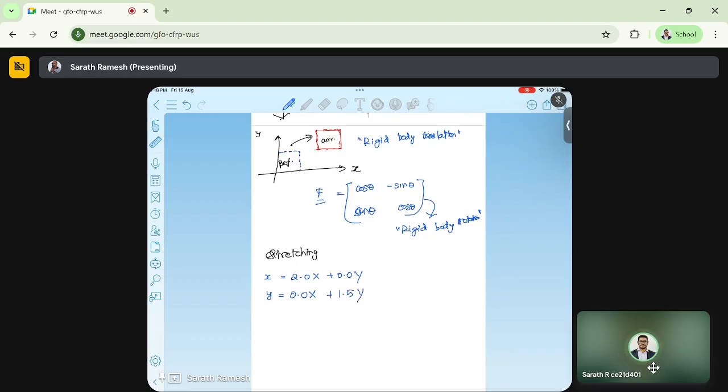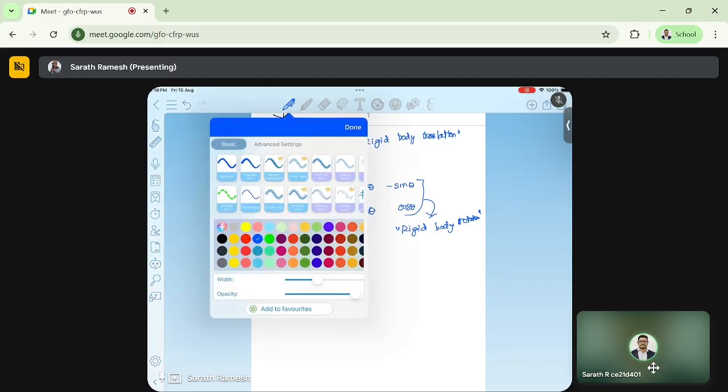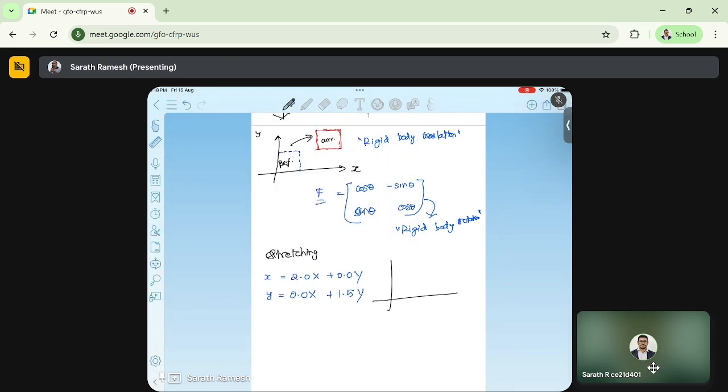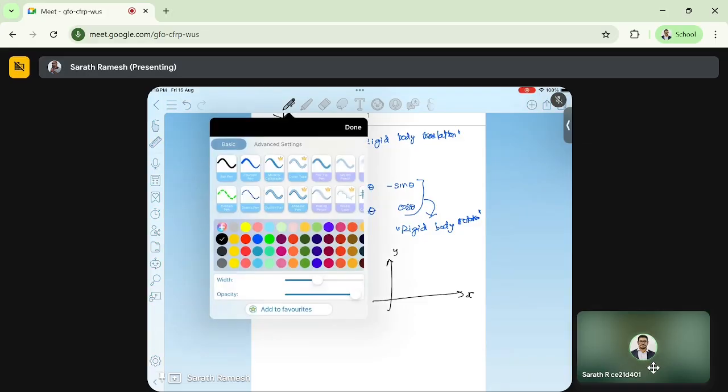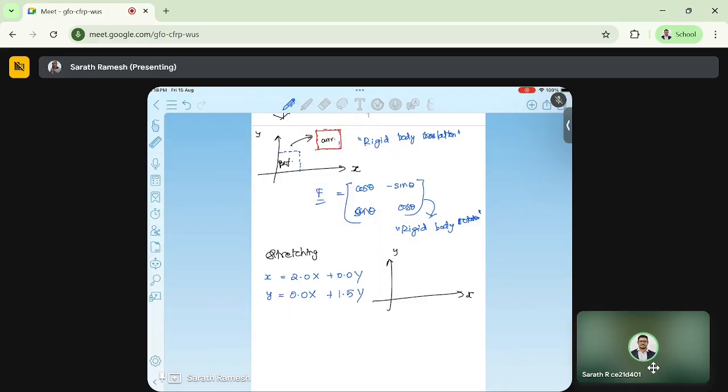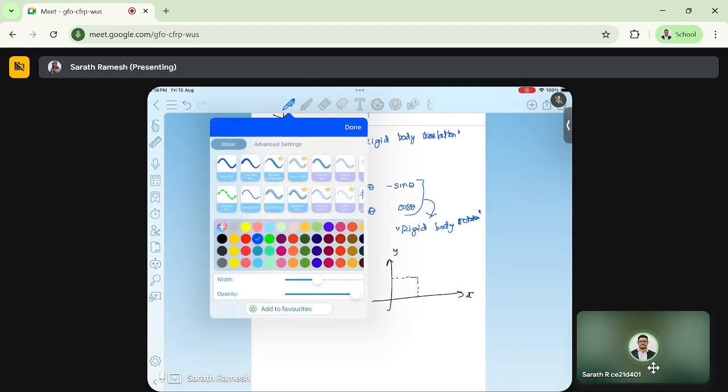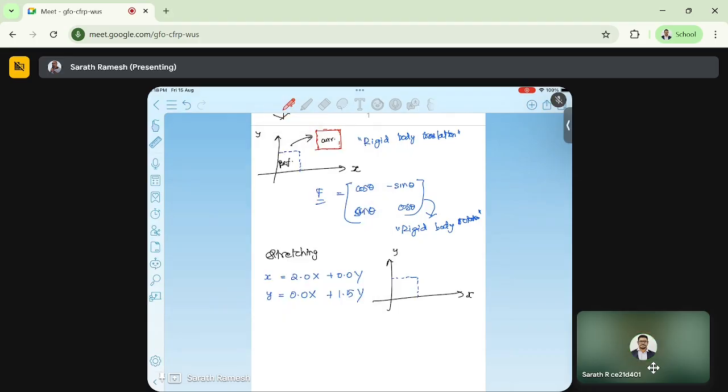In the x direction it is stretching double, it's doubling, and in the y direction it is going 50%. Suppose this is my x and y, and initially my configuration is like this. In the x direction it is going 2 times, and in the y direction it is going 1.5 times.